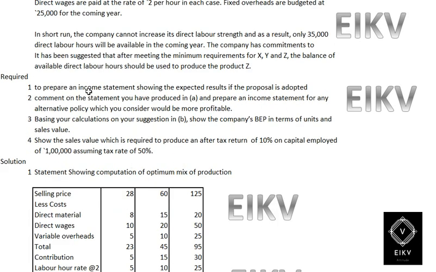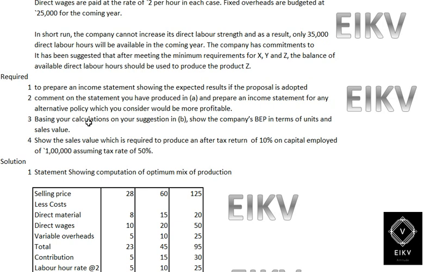Requirement 1: prepare an income statement showing the expected result if the proposal is adopted. Requirement 2: comment on the statement you have produced in requirement 1 and prepare an income statement for any alternative policy which you consider would be more profitable.